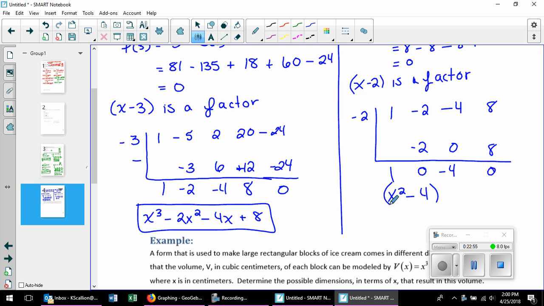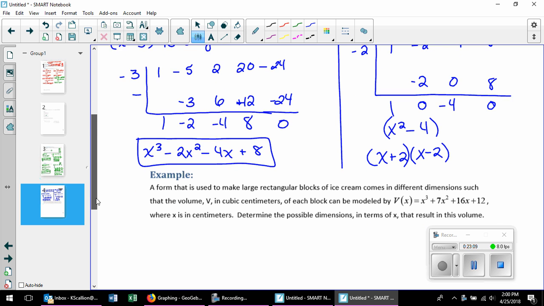Can you factor that? Hopefully, difference of squares. So that factors to x plus 2, oops, x minus 2. So now I got to list them all. I've run out of room.